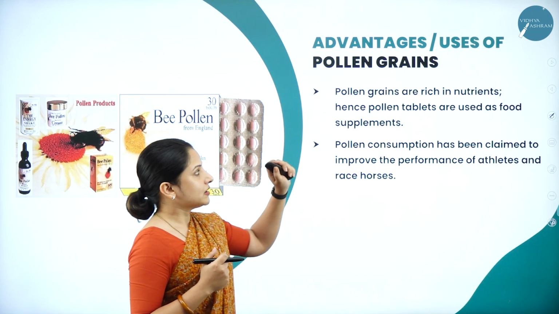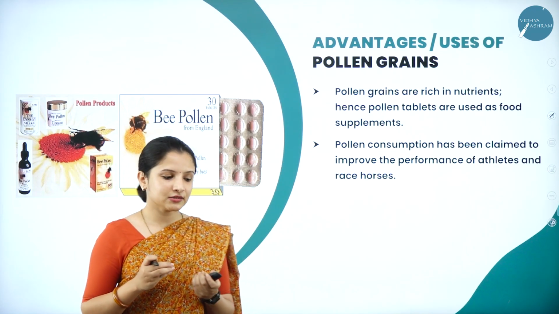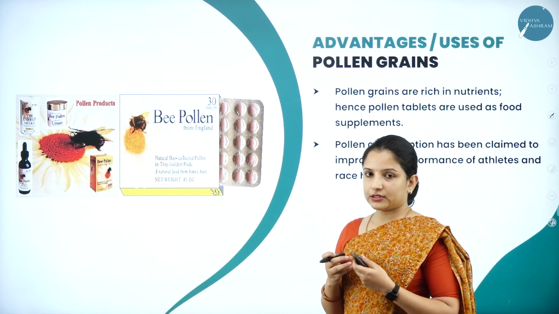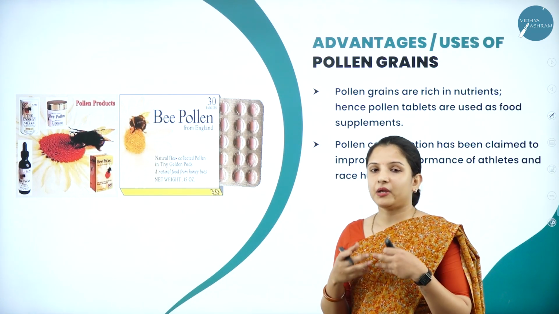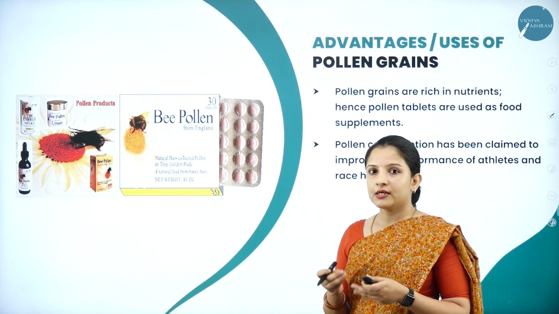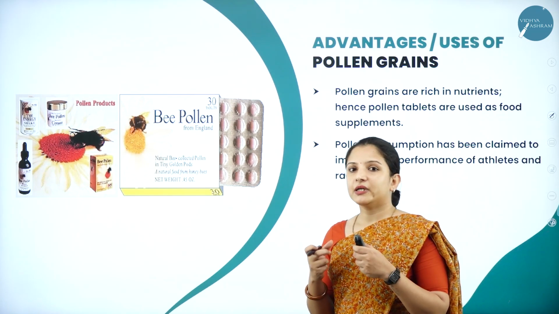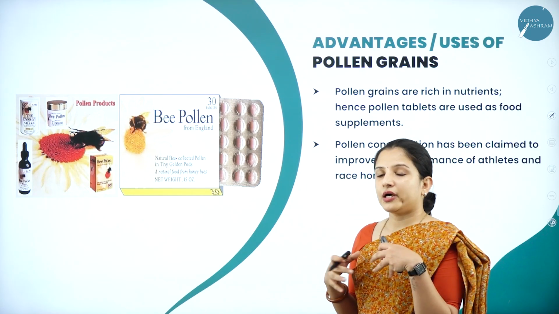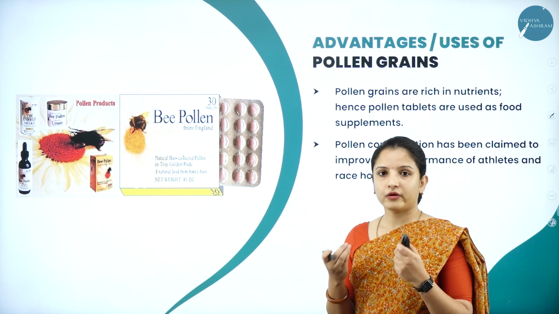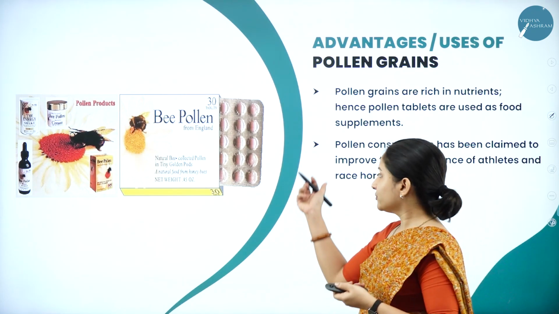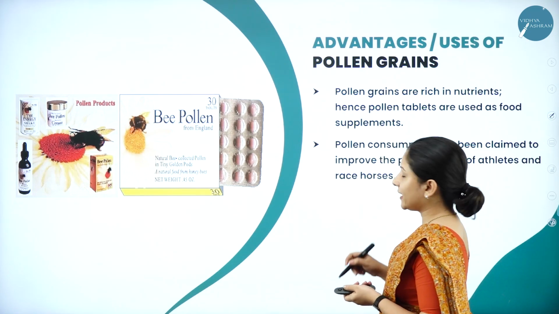That is why they are rich in nutrients, and hence different companies collect these pollen grains, crush them, make them into a powder, and then make tablets out of it. Since that tablet is rich in nutrients, it provides a lot of energy to whoever consumes it. So that is why athletes consume these pollen grain supplements.